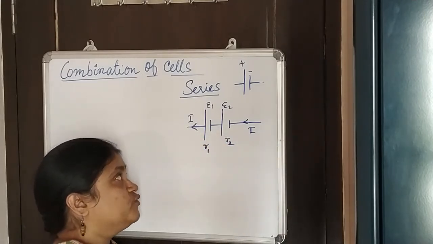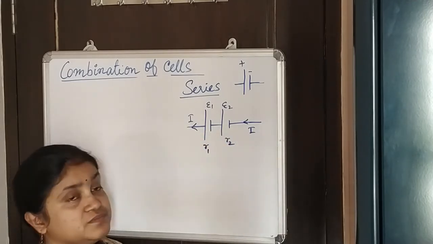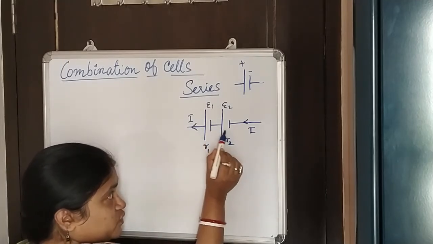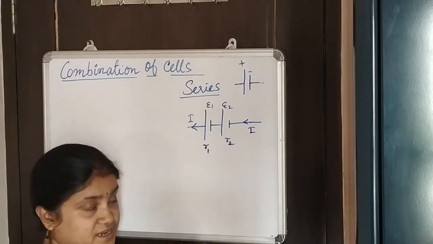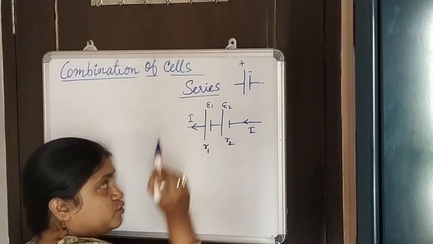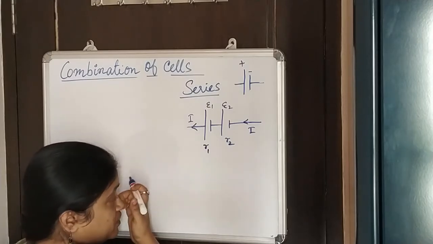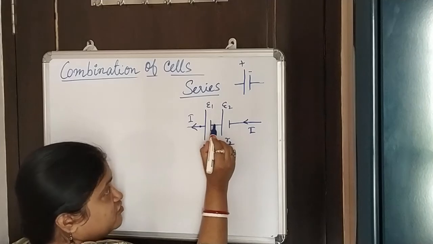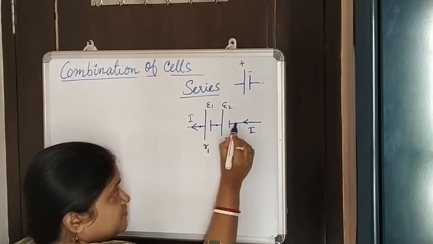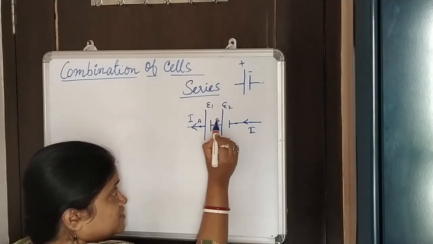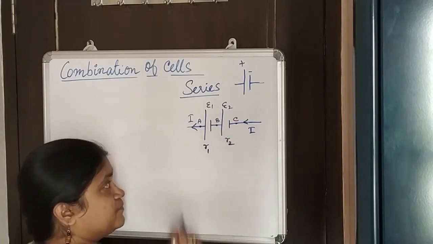Now if I have to calculate the potential, I know the potential drop would be across these two cells, as the current is passing through the cells. To calculate the potential drop, I consider three different points. The first one is A, the second point is B, the third point is C.